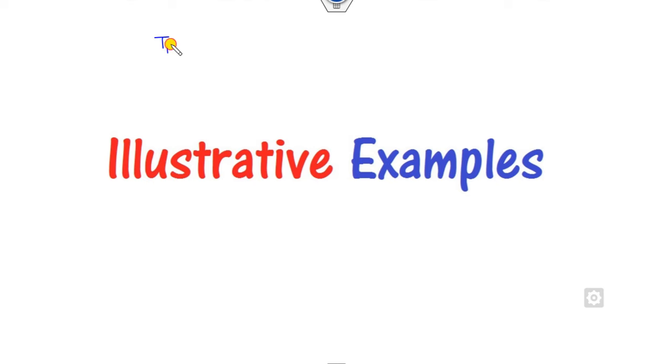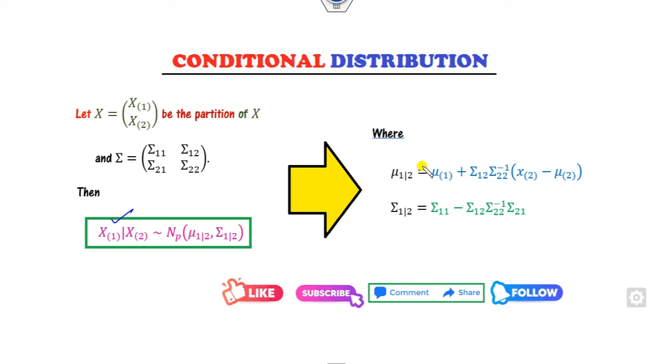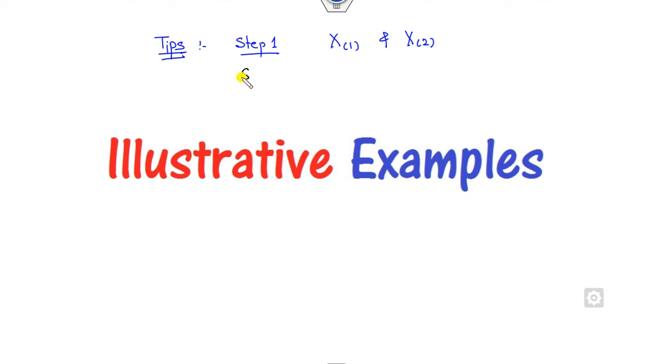What are the tips before I start with the illustrative example? Step number 1 is always to find x1 and x2. Then step number 2 is to define mu and sigma corresponding to step number 1.